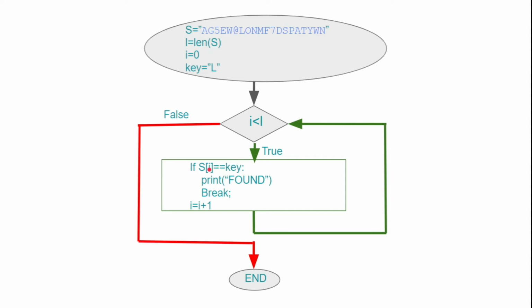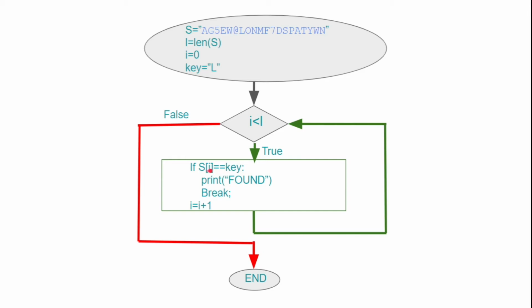So if the value of i is equal to 0, it means we are checking whether s of 0 is the same as the character key, I mean L. Similarly, say for example i is equal to 6, at that time we'll be checking if s of 6, which is this character L, is the same as the character in this variable key, which is again L. So when the value of i is equal to 6, this will be a true condition.